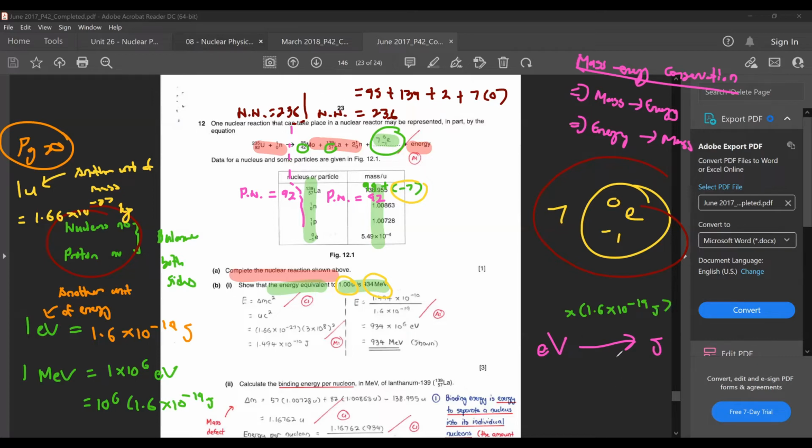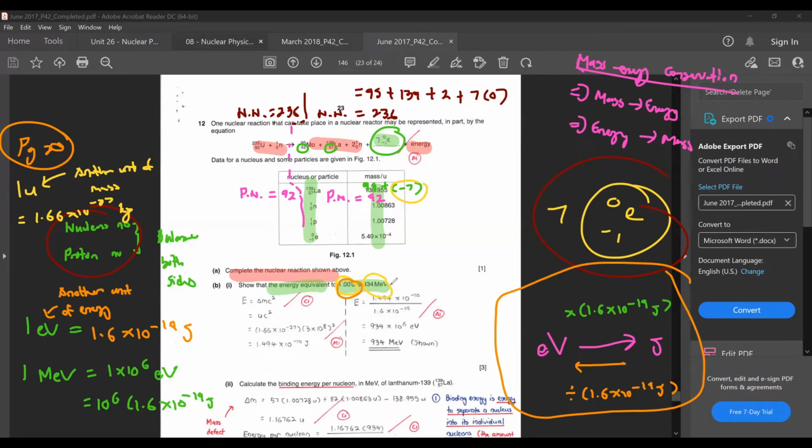When you want to change from joules to eV, you divide by 1.6 times 10 power minus 19 joules. Okay, this is the conversion that you are looking at. From eV to joules, you multiply. But from joules to eV, you need to divide. Okay, so let's just find out the energy associated with a mass of 1U in joules first before we convert to eV.